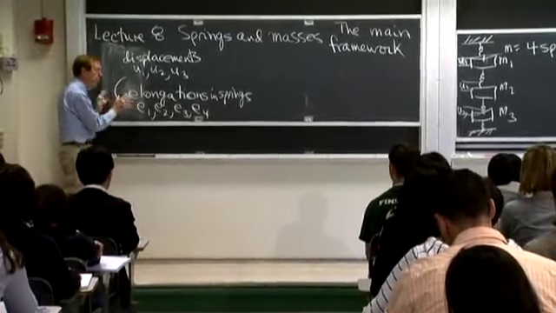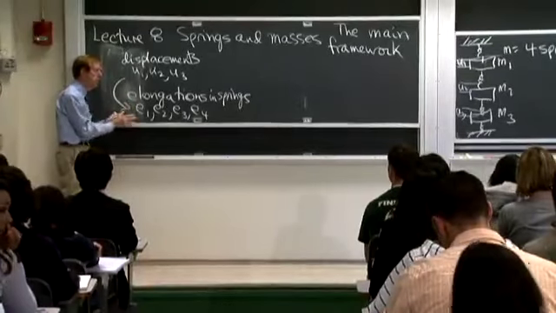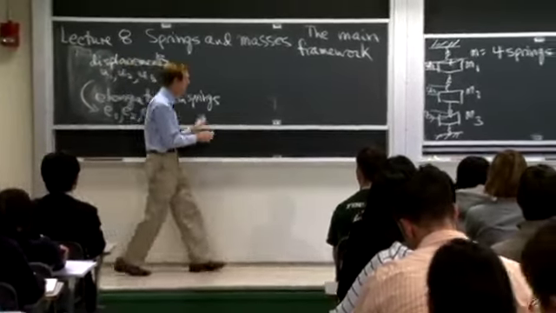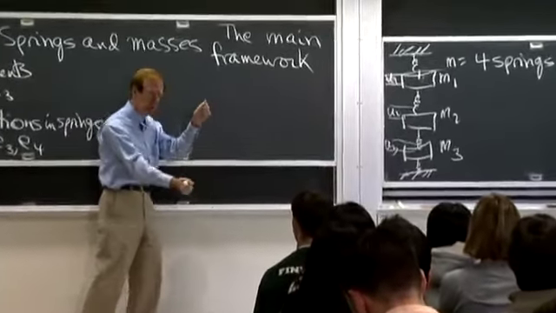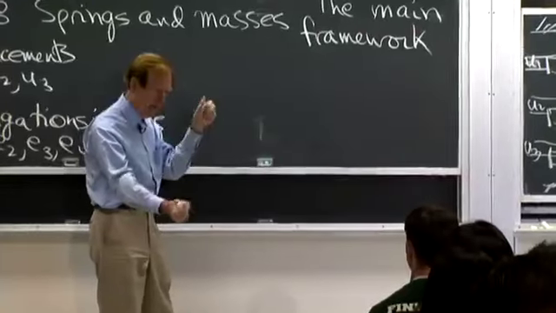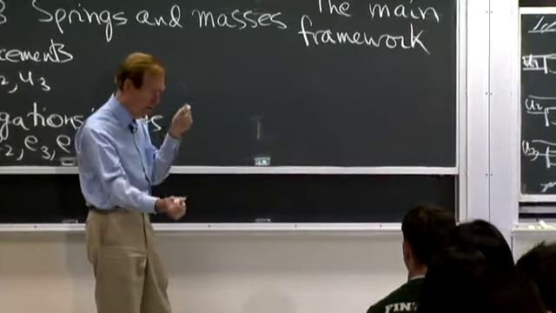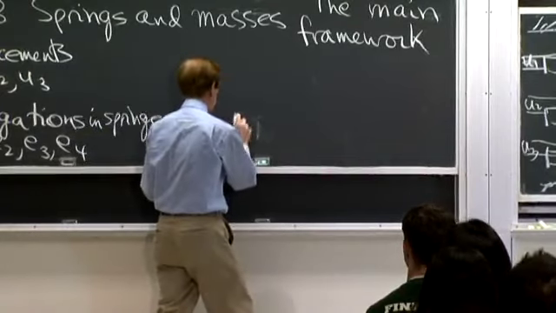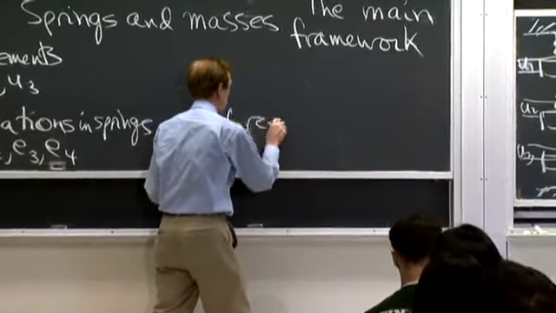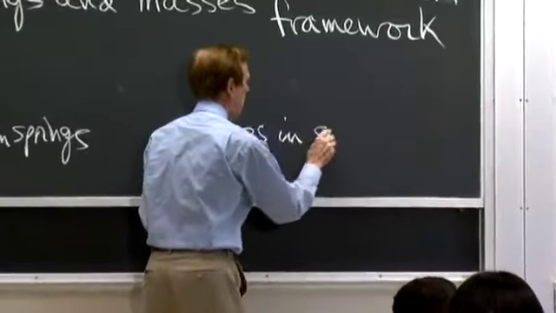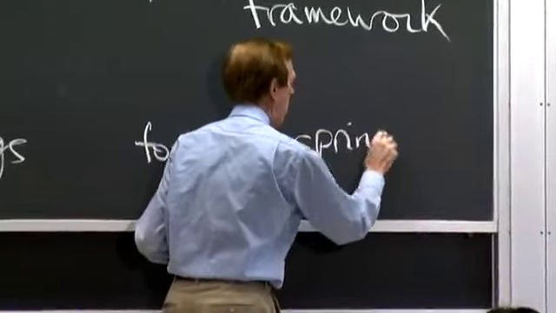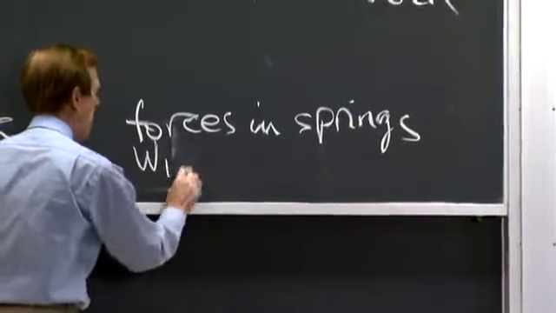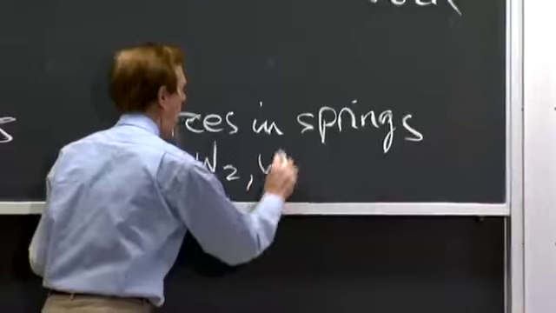The material properties of the springs have not got into the picture yet. But now Hooke's law brings them into the picture. By stretching a spring, that produces a force that pulls back. So we get forces in the springs, and let me give those a name, W1, 2, 3, and 4.